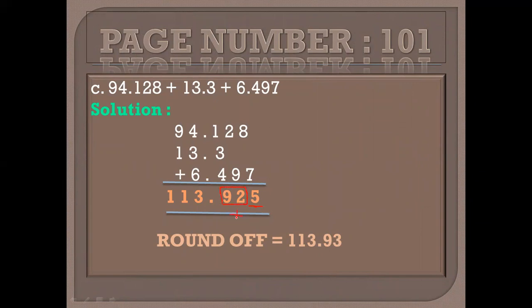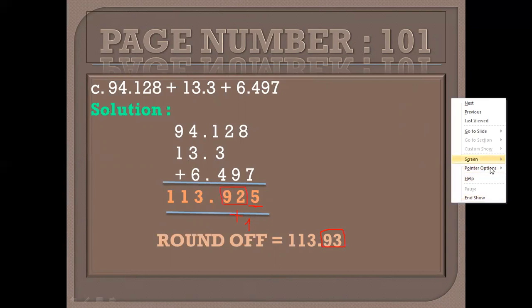So according to the rule, what will we do? We give 1 increase in the previous number. The previous number is 2, and 2 will be changed into 3. Answer is 113.93. Instead of 92, we write there 93.